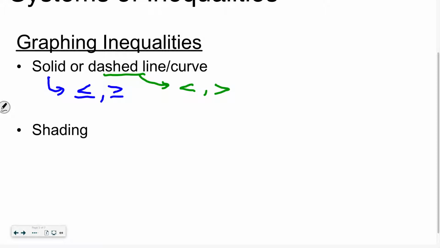Okay, for shading, you may know about some shortcuts, but I am just going to say for right now, for shading, we will use a test point. You can choose any point you want, it just shouldn't be on the line or curve.